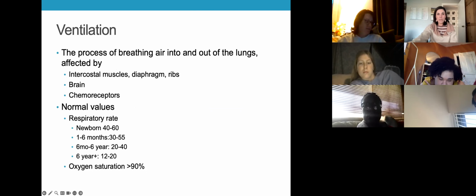So our respiratory tract develops before we're even born in a very orderly fashion. At 24 weeks, the alveolar cells start producing surfactant, which keeps those alveoli open and keeps them from collapsing once we're born.